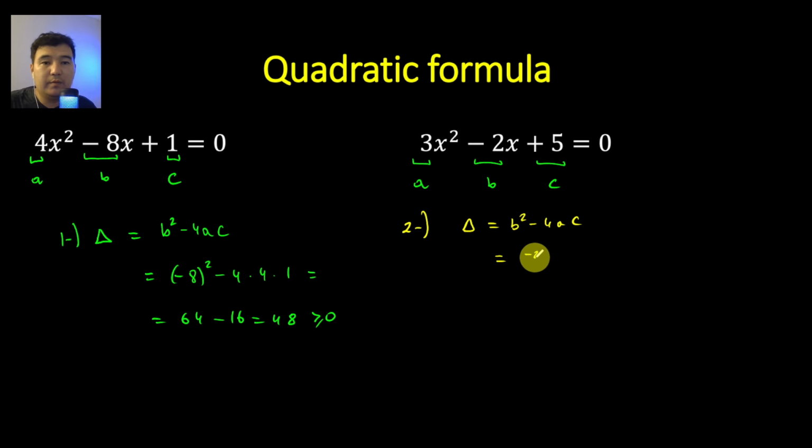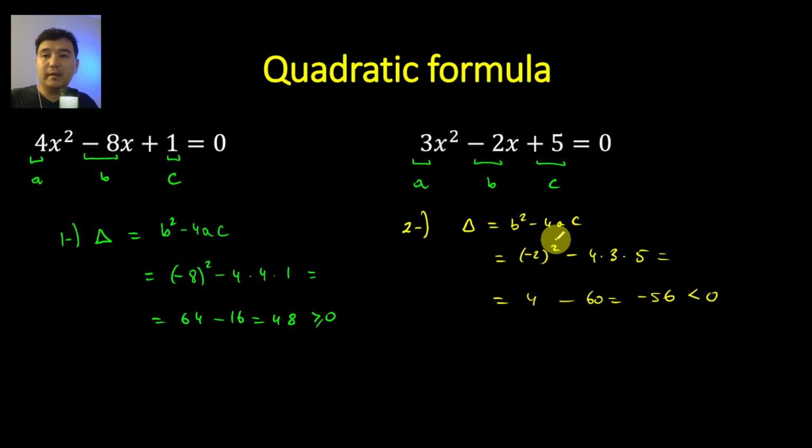So -2 squared minus 4 times 3 times 5. So that's going to be 4 minus 60, so -56. Since this discriminant is negative, if you keep solving this problem, the second one, you'll get complex roots.